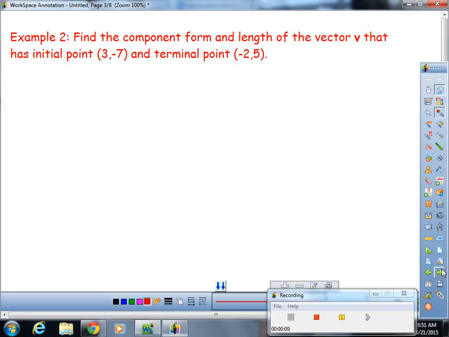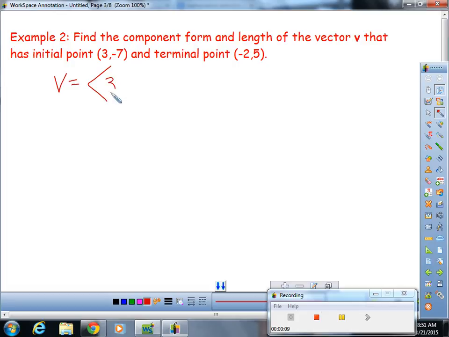Find the component form and length, which is magnitude, of vector v that has an initial point (3, -7) and a terminal point (-2, 5). Once we find the component form, it's very easy to find the magnitude. So we just use subtraction to find the component form.